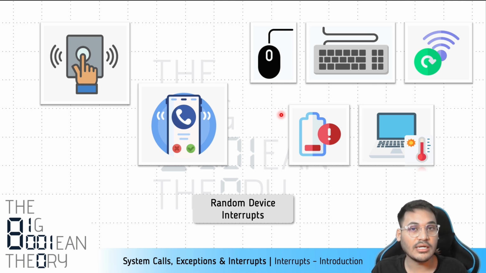This would be a high priority interrupt and the CPU will immediately bring in the operating system, and then the operating system will notify the user because it's very important and it has to be done urgently, so that the user can be notified that it is a good time to plug in the charger, right? So you can see random interrupts can arrive from devices which are not input output devices as well, right?